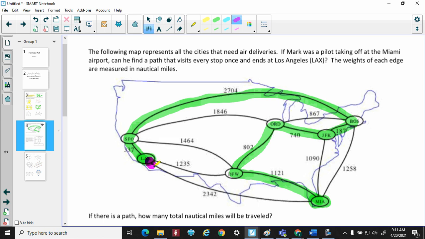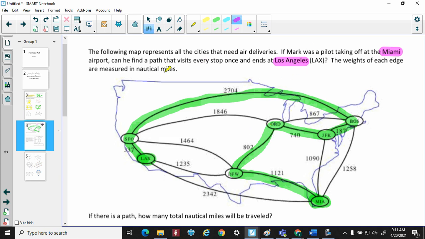Now, some of y'all might say, well, wait a minute. Technically, LAX and Miami can connect. Wouldn't that be an incomplete circuit? You would be right, but because this particular problem says that the starting point is Miami and the ending point is Los Angeles, we're just going by the rules of the question. But yes, you would be correct.